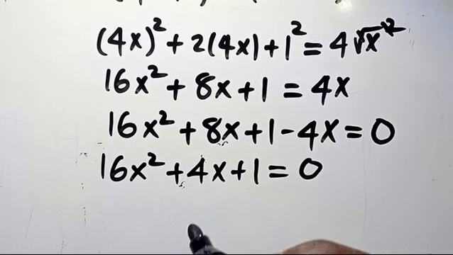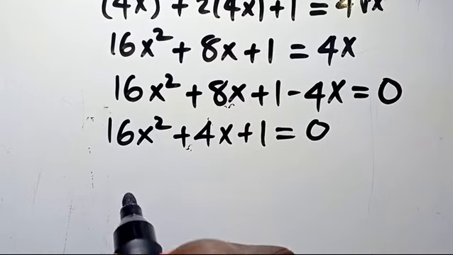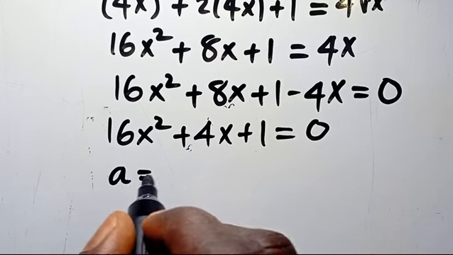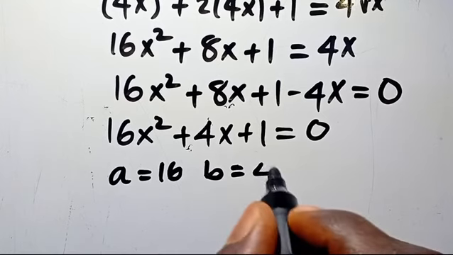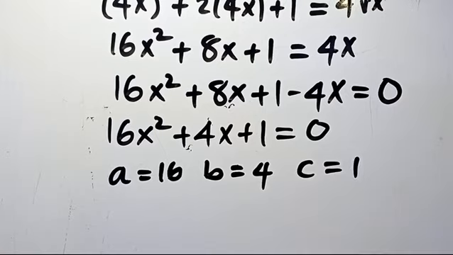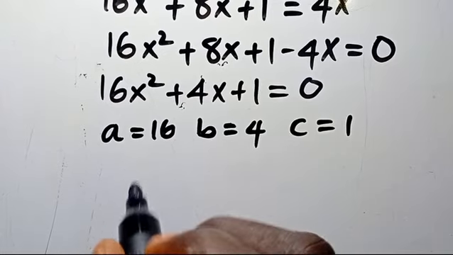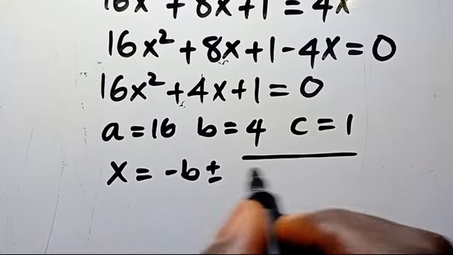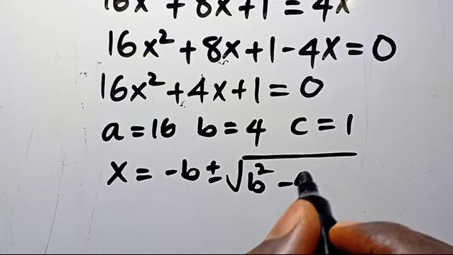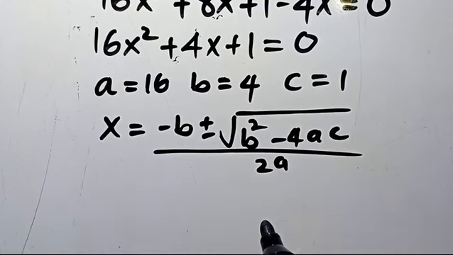Now, we have to solve this using the quadratic formula, where we are going to define the following parameters: a to be the coefficient of x squared, 16, b the coefficient of x, 4, then c to be equal to 1. So from here, we have x equals minus b positive or negative square root of b squared minus 4ac over 2a.